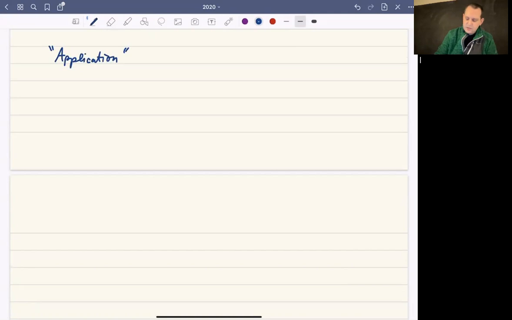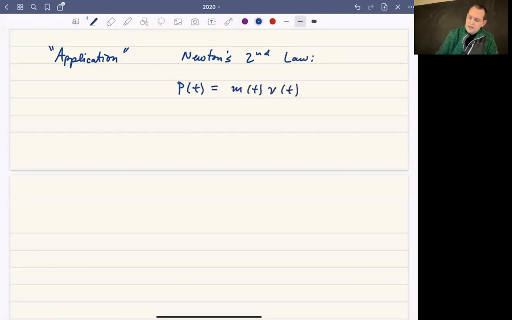The first is Newton's second law of motion. Newton's second law says that the momentum is equal to the mass times the velocity. And if you differentiate both sides, what this tells you is that the force is equal to, well, actually, I'm going to assume that the mass is constant.